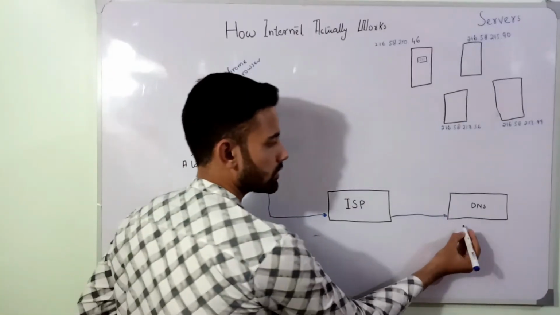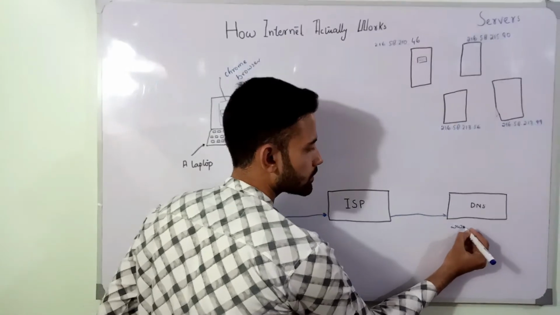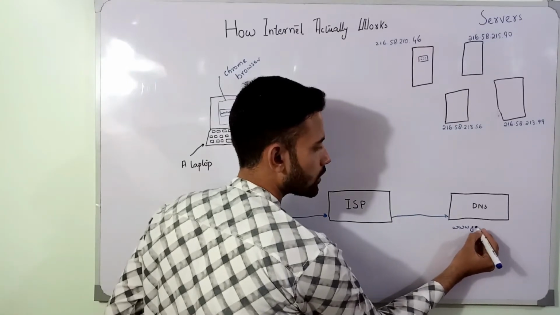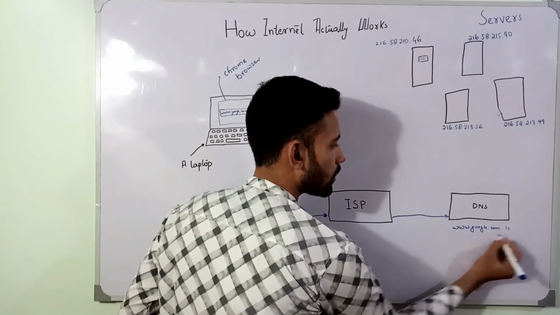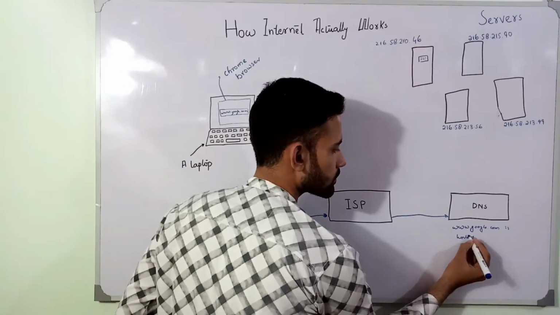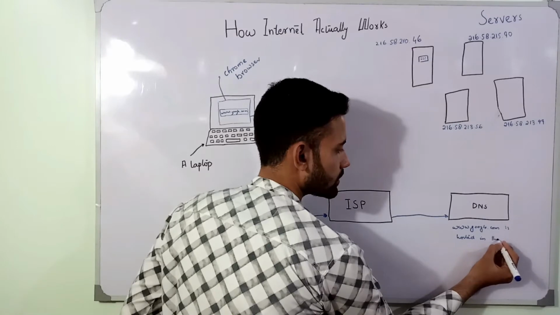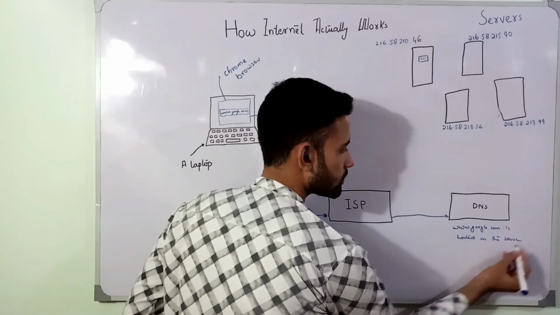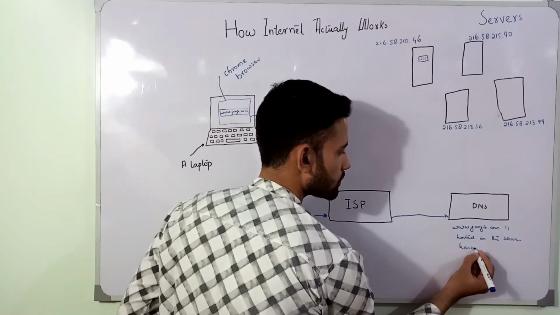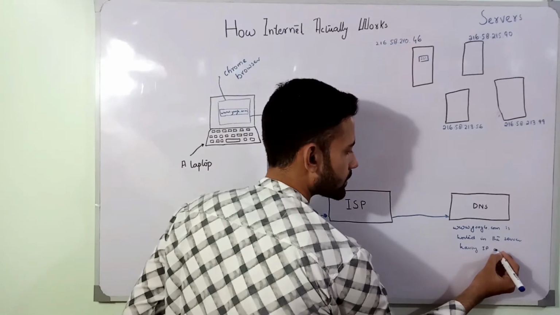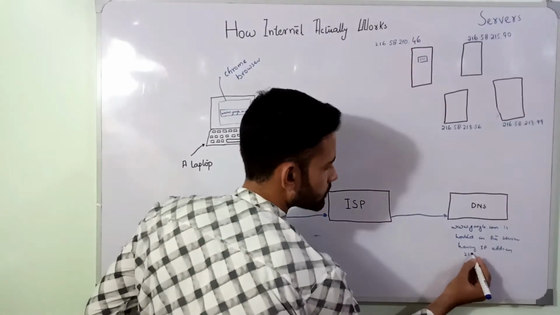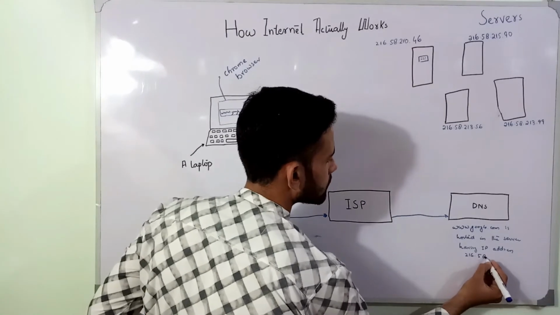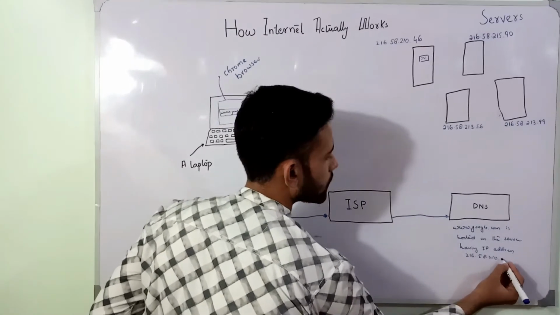The DNS knows that www.google.com is hosted in the server having IP address 216.58.210.46.